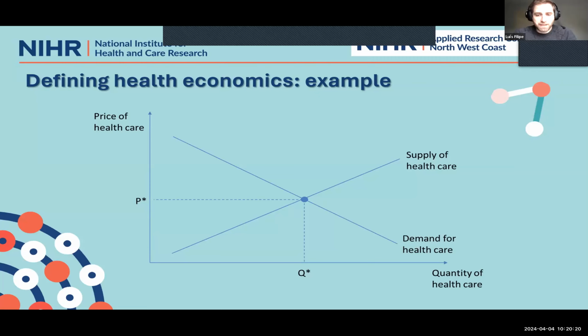Generally speaking, you probably came across the law of demand: when the price goes up, the quantity that you demand for some type of good goes down. And even if you didn't, this is very intuitive. If you go to a supermarket and find that some goods you want to buy are cheaper, sometimes you say, okay, I'm just going to buy more of them.